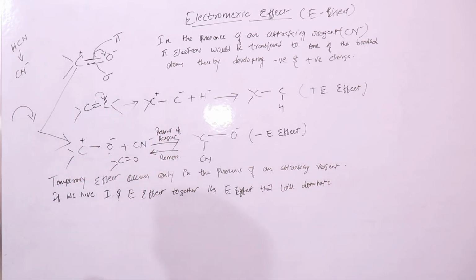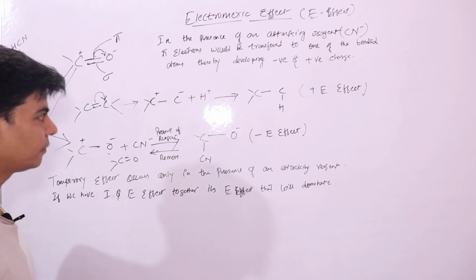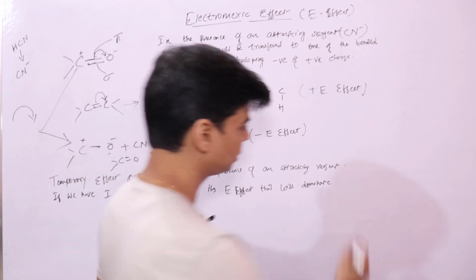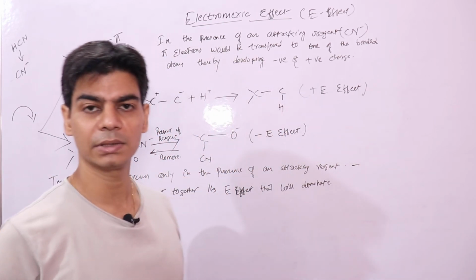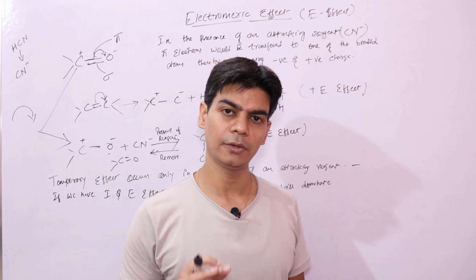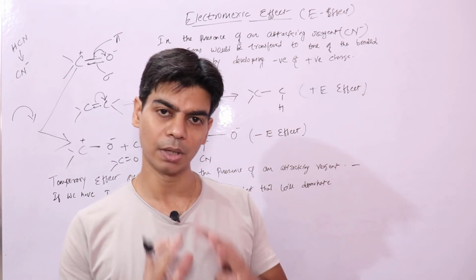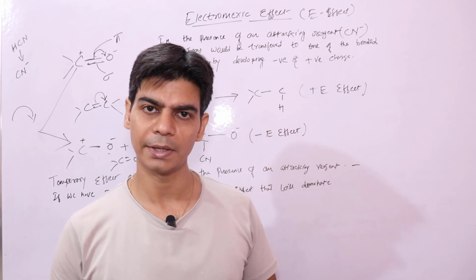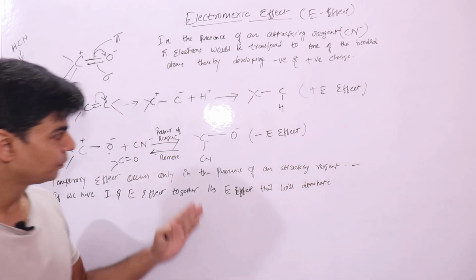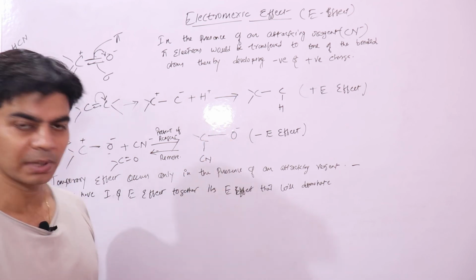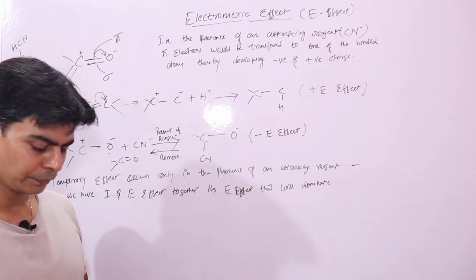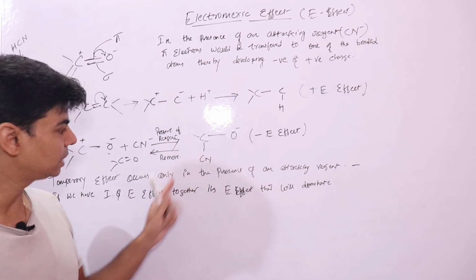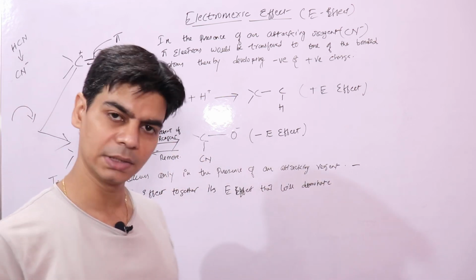And here it's a temporary effect which takes place only in the presence of your attacking reagent, whereas the inductive effect that we have studied before is a permanent effect. It's a permanent displacement of electron clouds towards the more electronegative atom, whereas in this case, which involves the transfer of pi electrons to one of the atoms, this transfer has taken place in the presence of an attacking reagent.